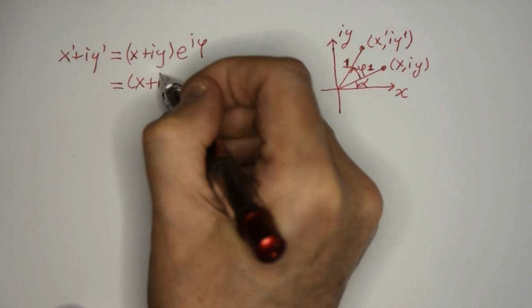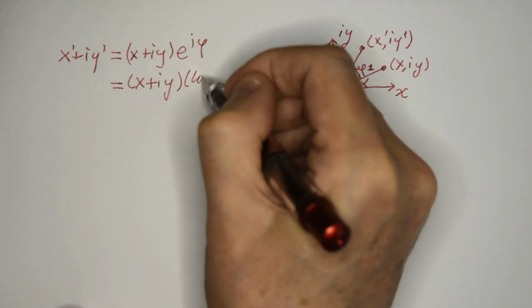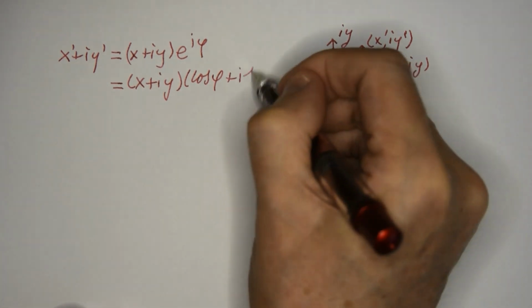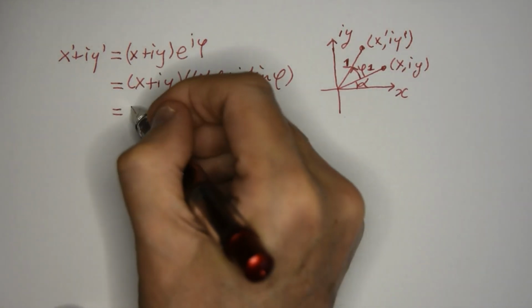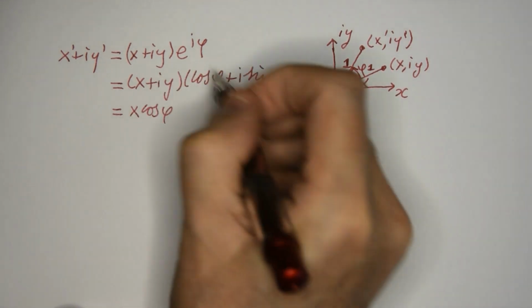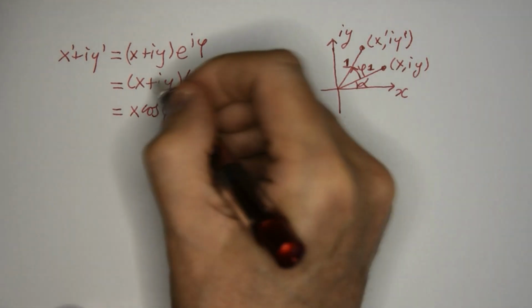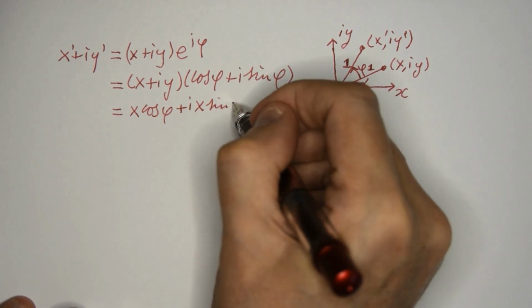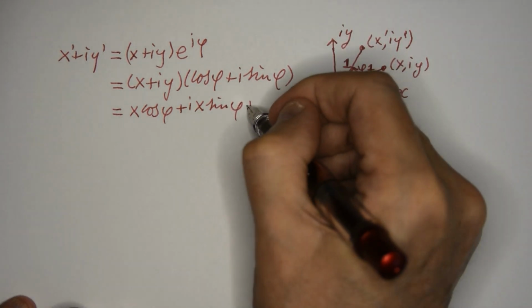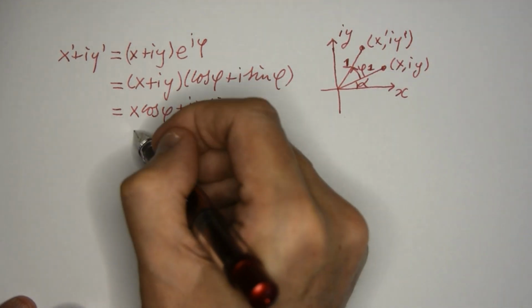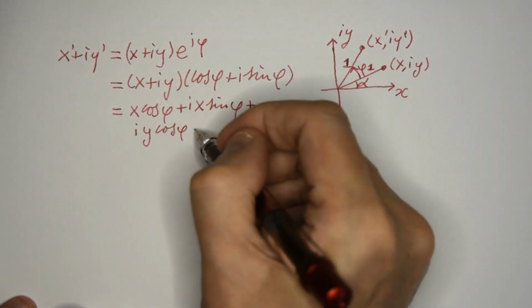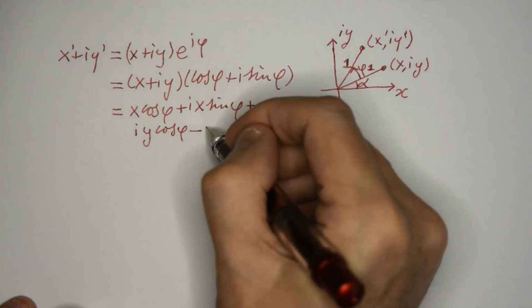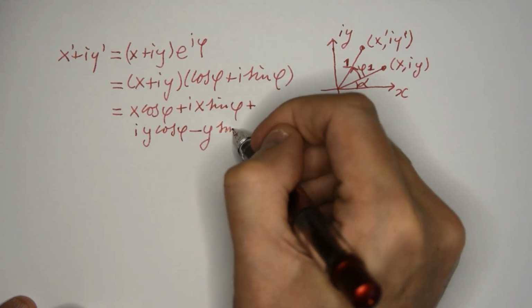So we get x plus iy times cosine phi plus i sine phi. Work this out, so you get x cosine phi plus i x sine phi plus i y cosine phi, this times this, minus, i squared equals minus 1, y sine phi.